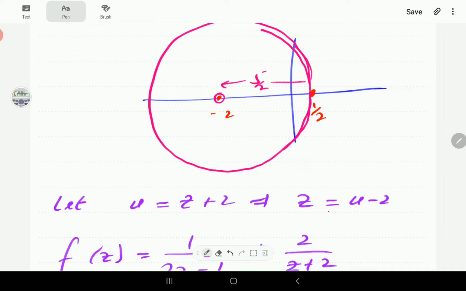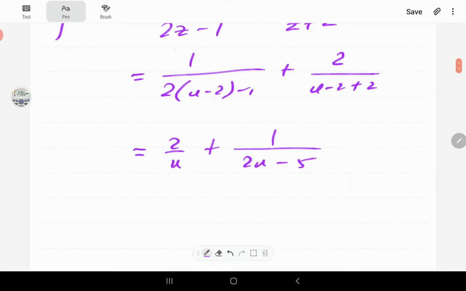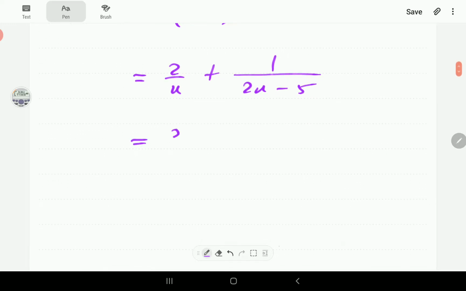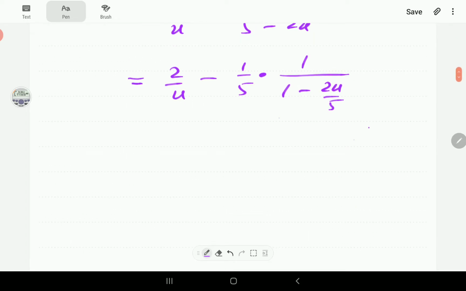Now, since we're looking for the region inside this circle here, then we're going to factor out the constant. So the first thing we're going to do here is write this as 2/u minus 1/5 minus 2, because we want the constant to be positive. And then after that, we're going to factor out the 5 in the denominator. So we're now going to have 1 minus 2u over 5.